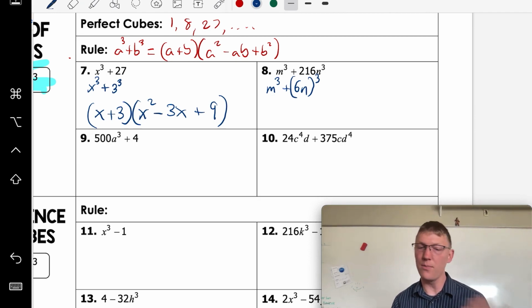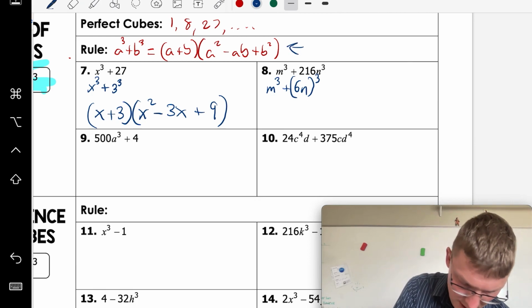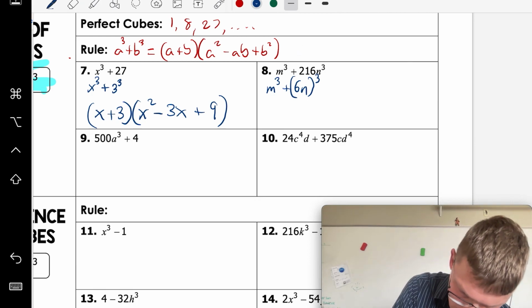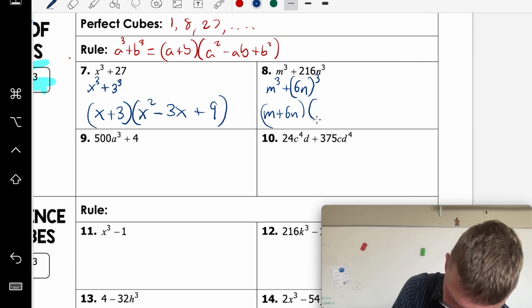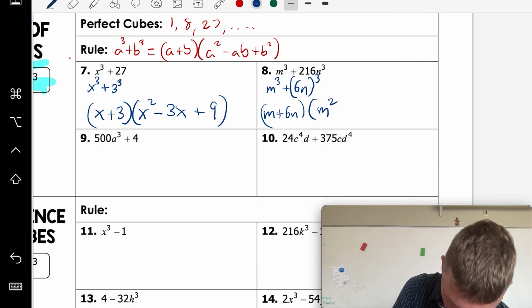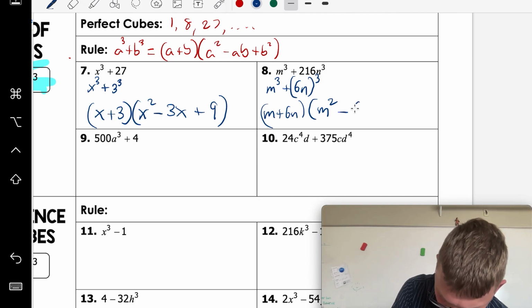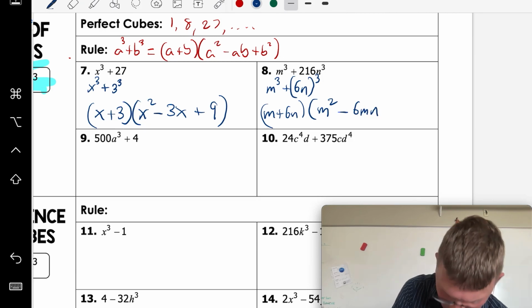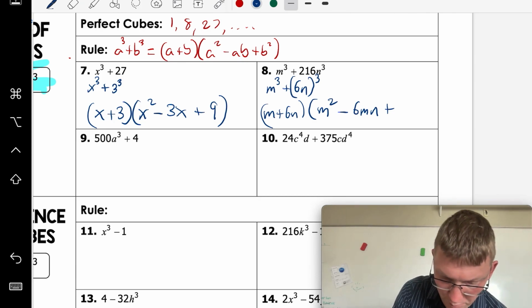Once you get this far, plug and chug. So I'm looking at my rule up here, and I've got m plus 6n, that's my a plus b, times a squared, which is going to be m squared, minus a times b, 6mn, plus b squared.